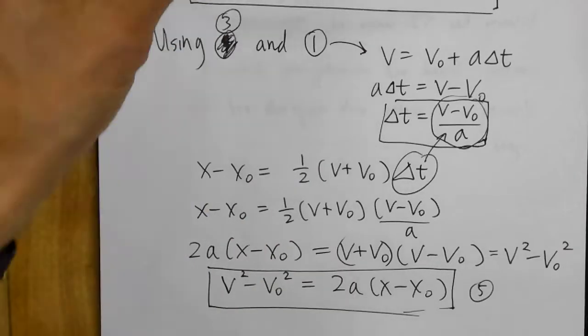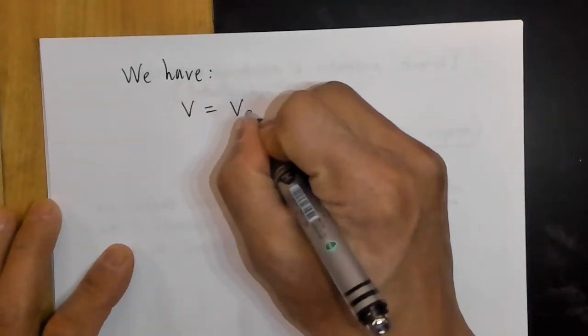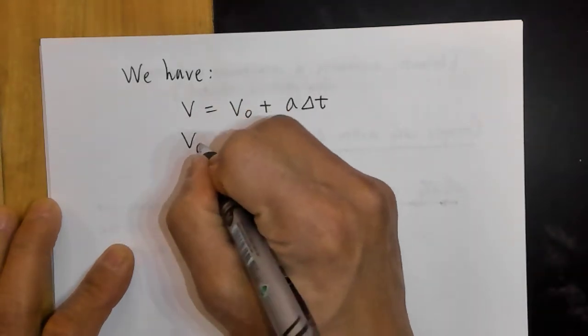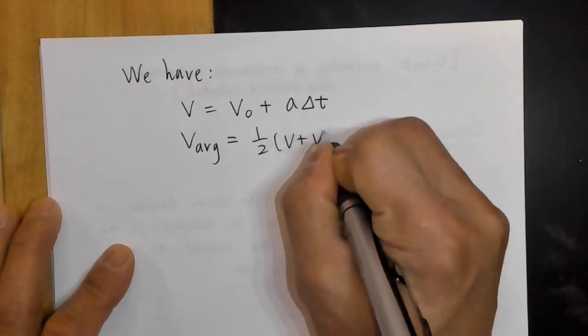So let me now summarize what we have here. In summary, we have these formulas. And you will get to know these. They will be your friends. v is equal to v0 plus a delta t. We have v average is equal to 1/2 (v plus v0).